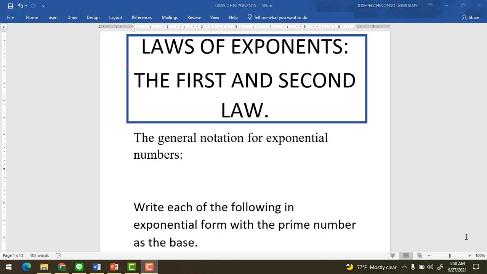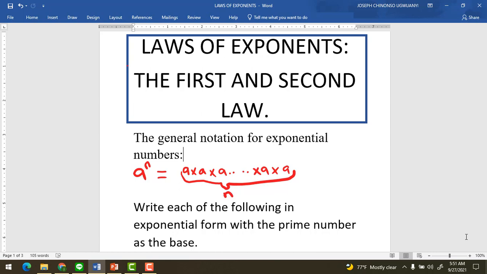For example, if we have a exponent n, this means a times a times a times a, and we continue to multiply a until it reaches the number n.